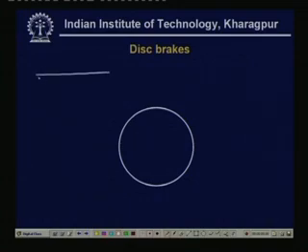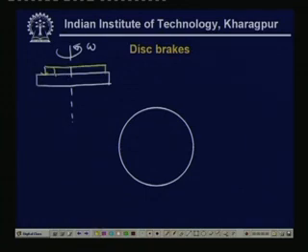Here we have the disc which is rotating with some speed, and we will have to apply a normal force on the top of it. We apply normal pressure, and since this is rotating, therefore, a friction force will be developed.